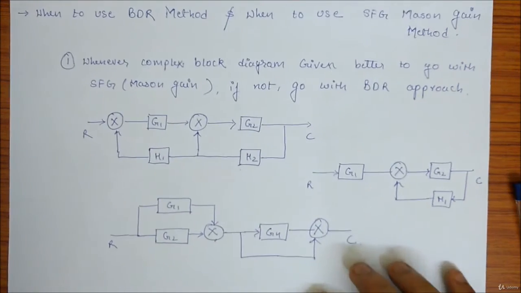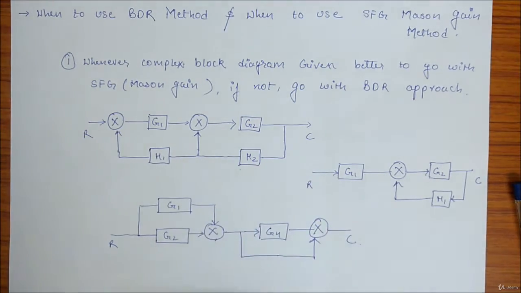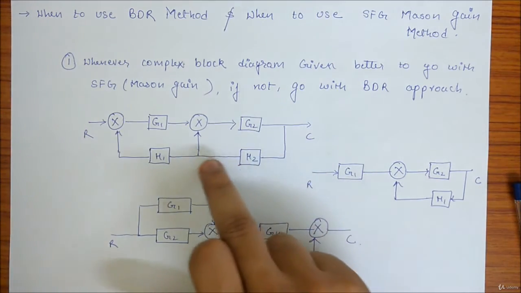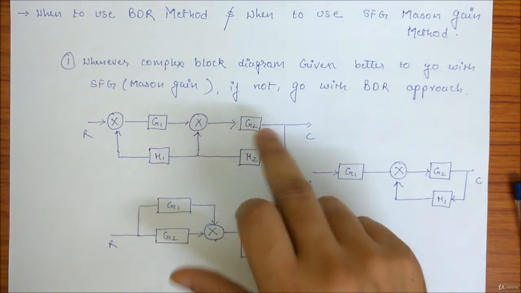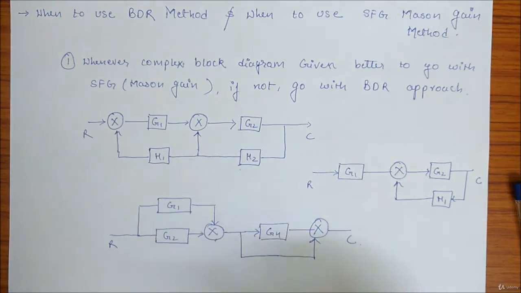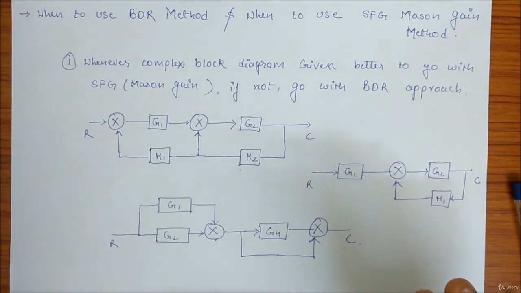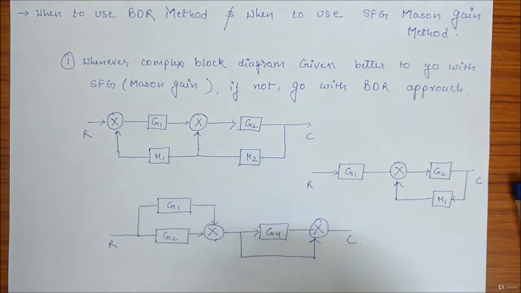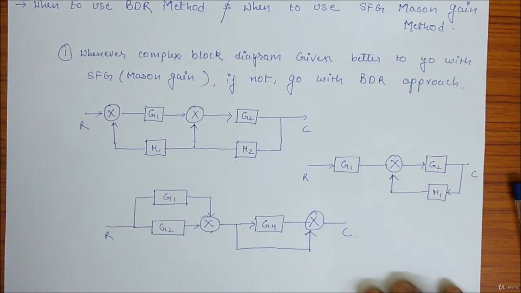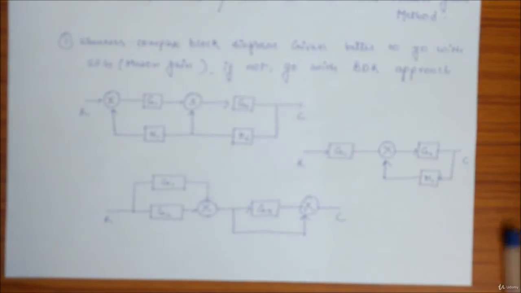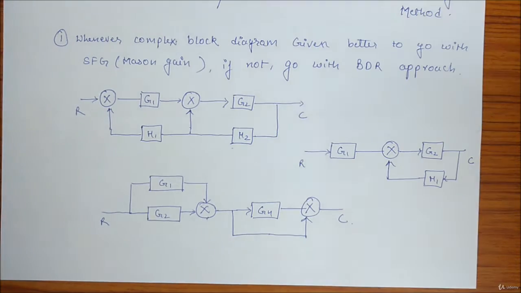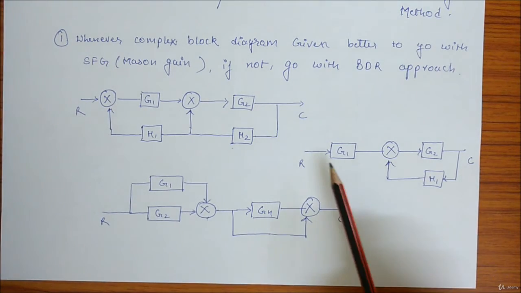See here, I've shown you some examples 1, 2 and 3. This is a direct feedback path, and for this feedback path you will solve feedback, cascade, then again feedback. So this is kind of easy if you go with the BDR approach. Here also it's a feedback path, one feedback path is given, and you are in cascade with G1.